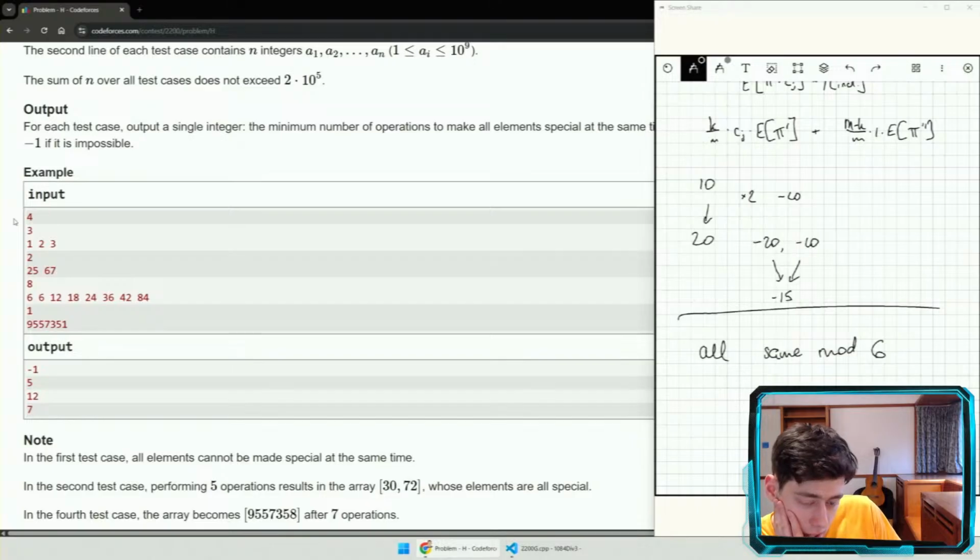So, could I make none of the values divisible by 7? Or could it still be impossible? Okay.